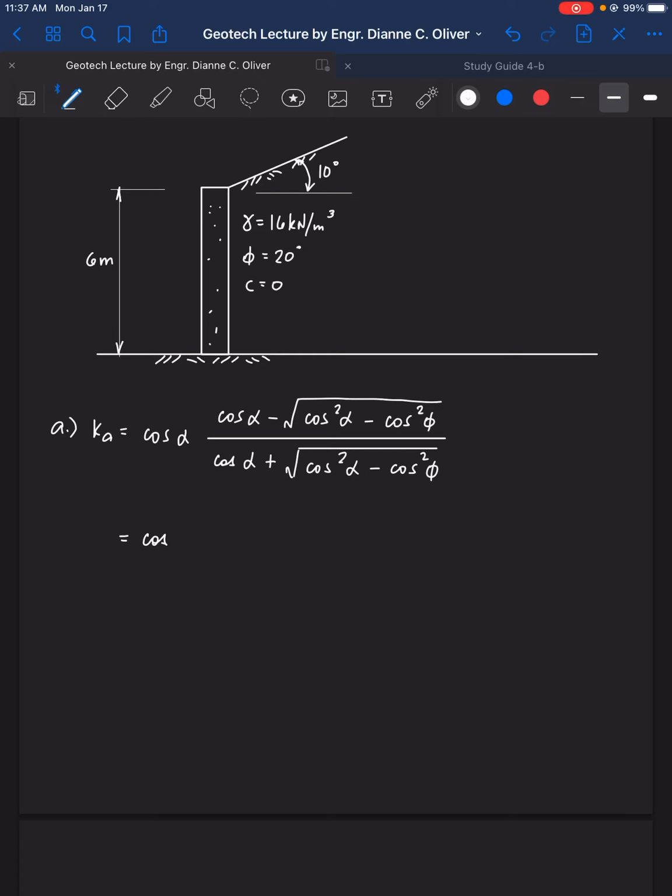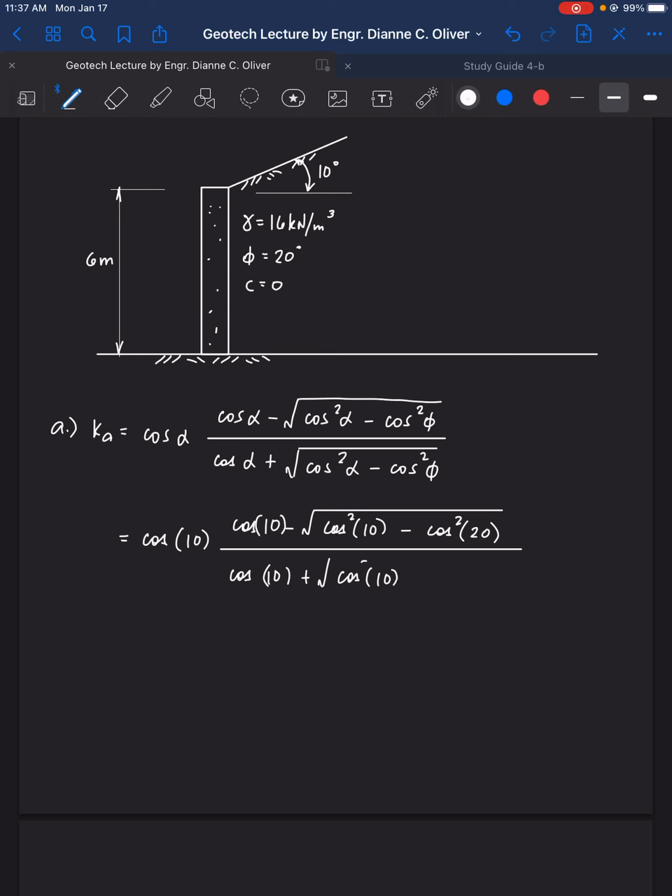We have cosine of alpha, which is 10, that is cosine 10 minus the square root of cosine 10 squared minus cosine of 20 squared, all over cosine 10 plus the square root of cosine 10 squared minus cosine 20 squared.